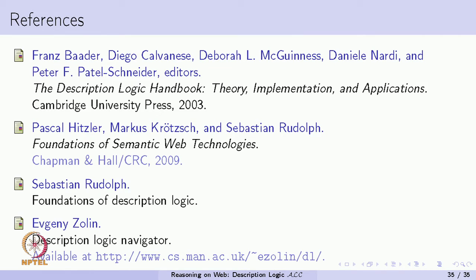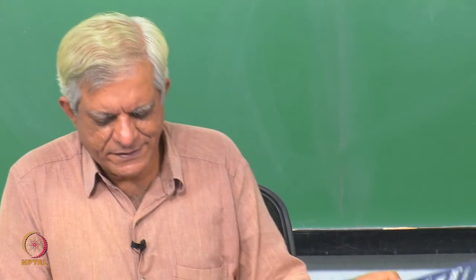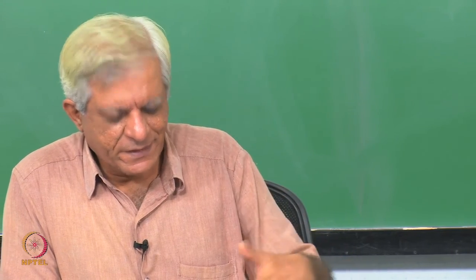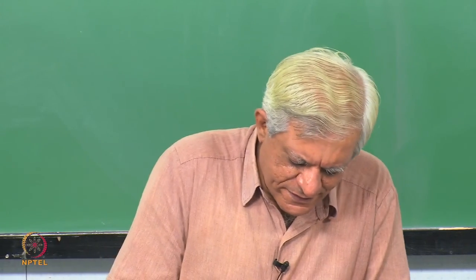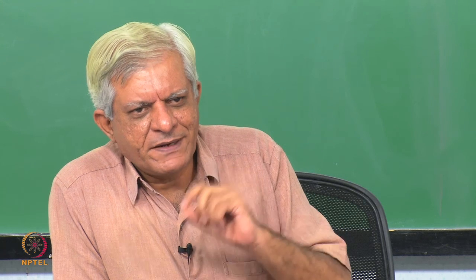Okay, so, these are the references, one of them is this book here, Foundations of Semantic Web. I think the second reference in this set, but interestingly there is a reference here which you should go and look at, which is a web page created by Zolin, and all these options that we saw, all these different letters standing for different expressive attributes and so on, you can basically pick and choose.